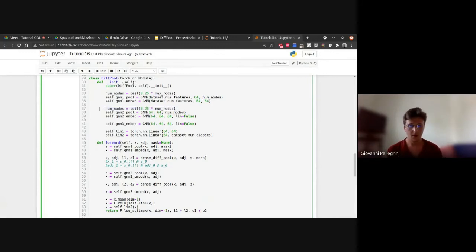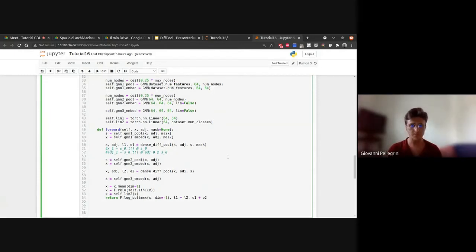As a last layer, we have linear layers, which are basically the MLP needed to create the readout function to perform the final prediction.